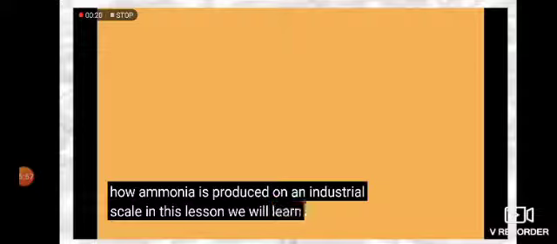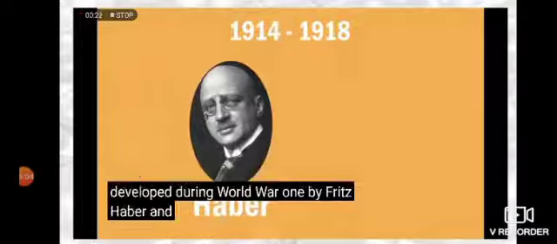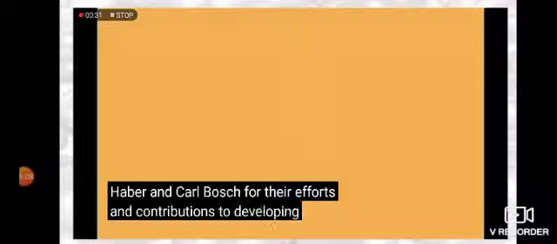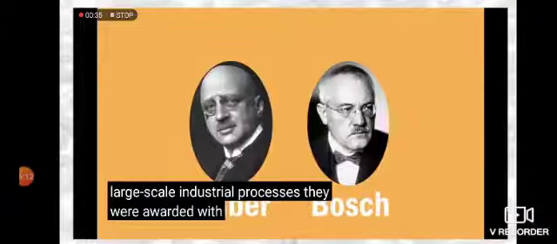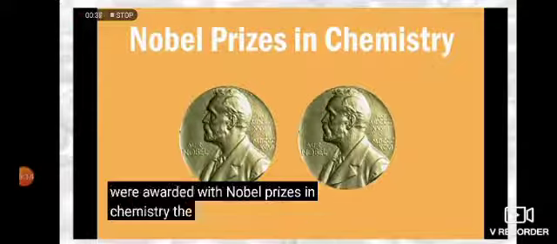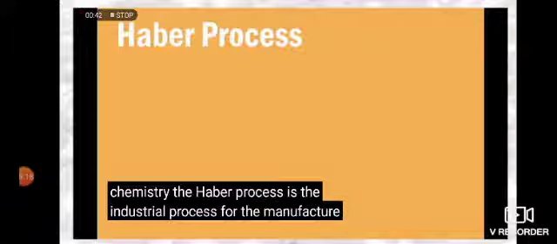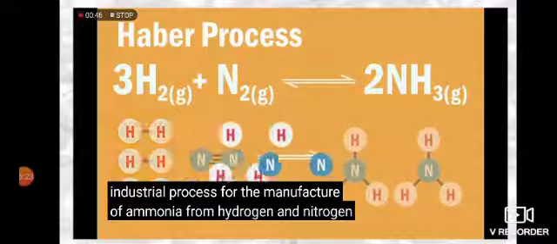In this lesson, we will learn about the Haber process to produce ammonia, developed during World War I by Fritz Haber and Karl Bosch. For their contributions to developing large-scale industrial processes, they were awarded Nobel Prizes in chemistry. The Haber process is the industrial process for the manufacture of ammonia from hydrogen and nitrogen.